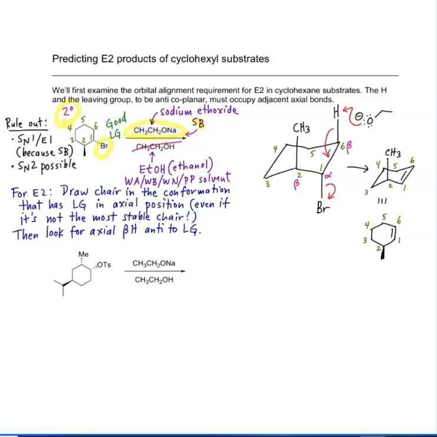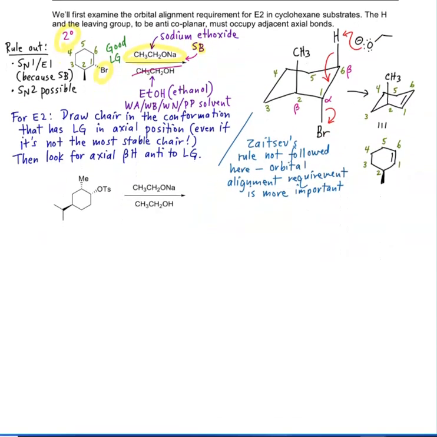So sometimes in E2, Zaitsev's rule will not be followed. Okay, let's look at another example.